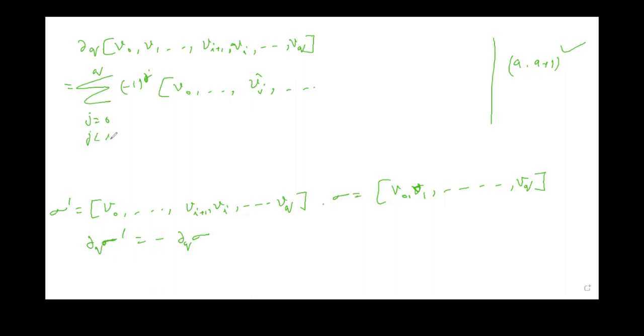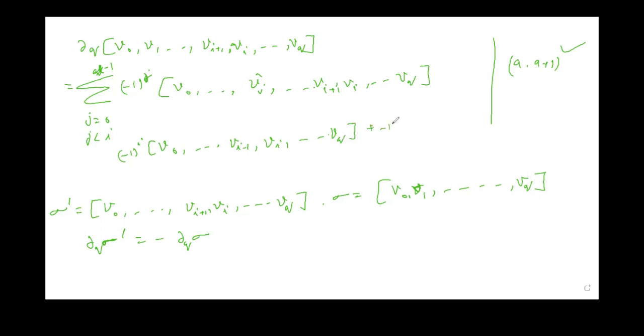So j is less than i, from 0 to i minus 1, then you have minus 1 to the power i, you have V0 to V i minus 1, the i plus 1 will be thrown out, then we have Vi, and then Vq.